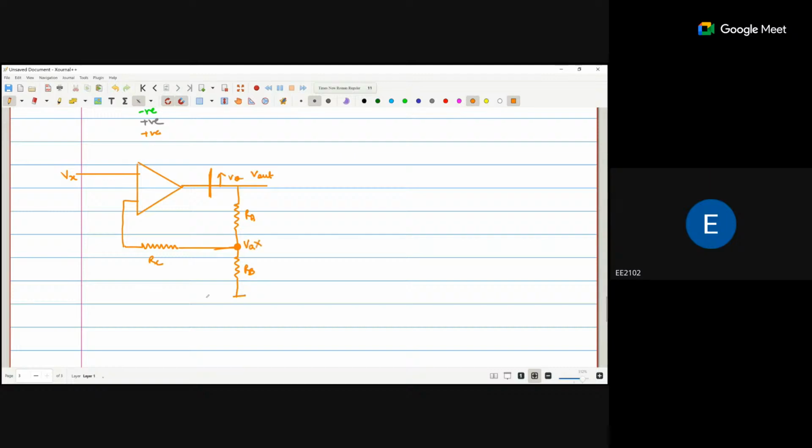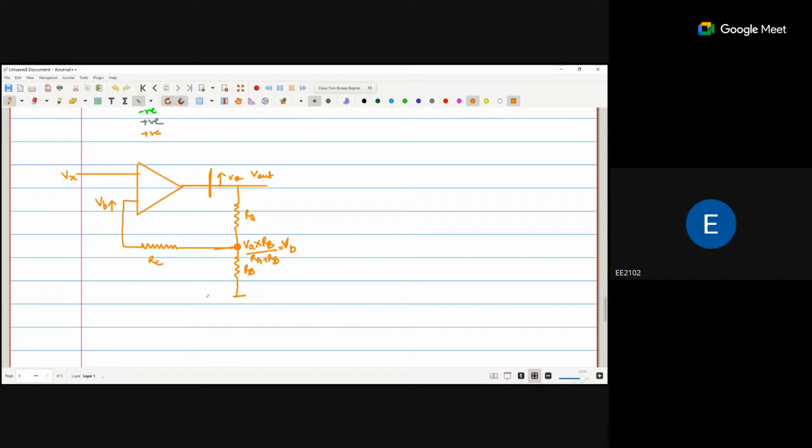VA into RB upon RA plus RB. That voltage is applied here. So we are getting the voltage, I just say the VB voltage.